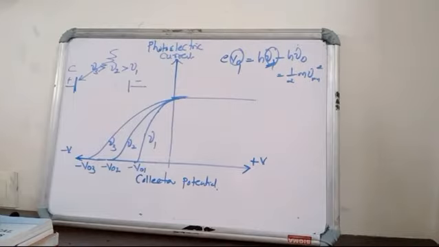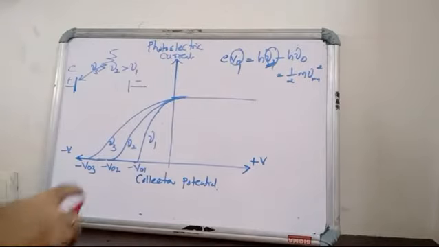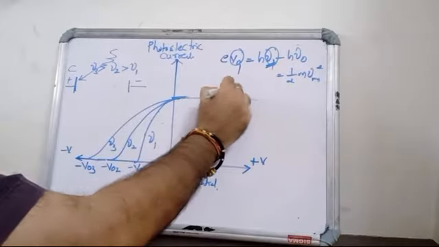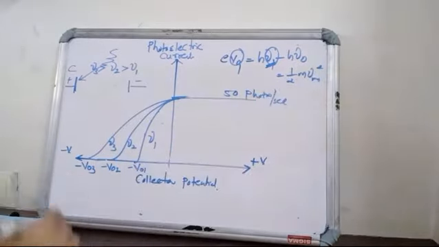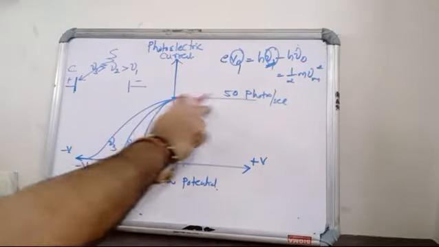Suitably adjust the same intensity, say 50 photons per second. So this is the saturation current.